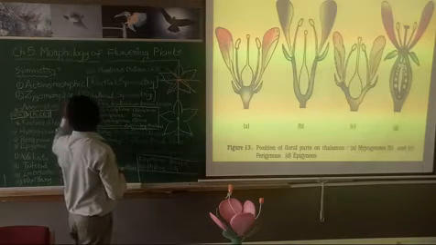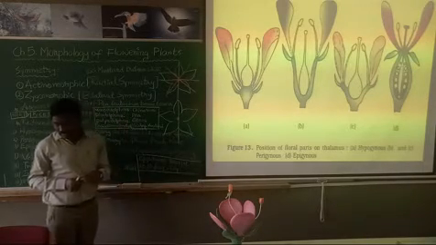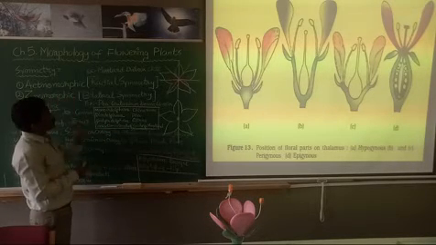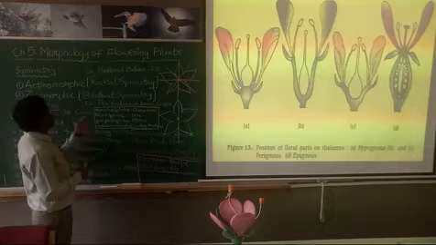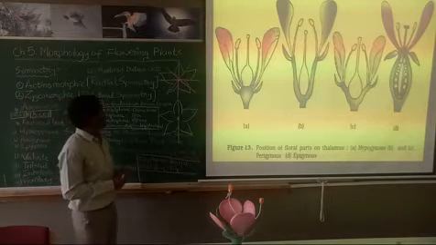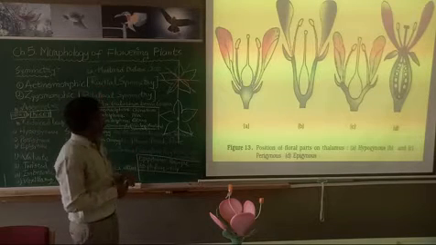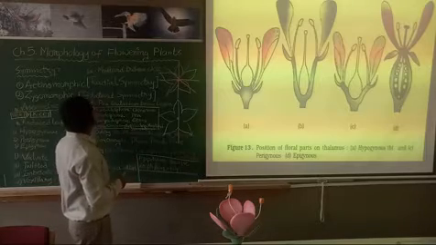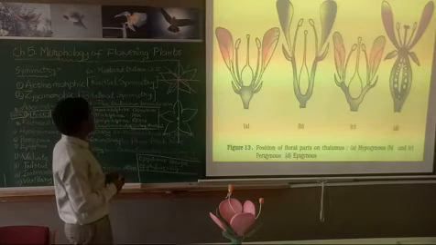What are those? Generally in plants there are three. The first one is actinomorphic arrangement. The second one is zygomorphic arrangement. Actinomorphic arrangement is radial symmetry, and zygomorphic is bilateral symmetry.